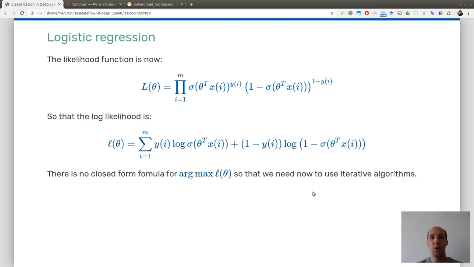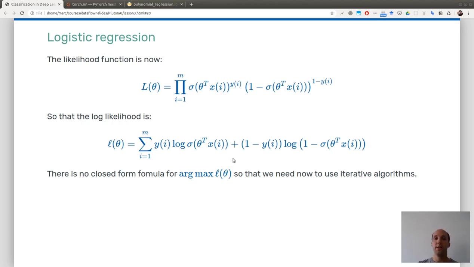Now I'm taking a log to transform this product into a sum. And you see that I'm obtaining this sum, where remember yi is either 0 or 1, so indeed in each of these terms only one of these two logs will be computed. If y is equal to 0, only this term is computed. If y is equal to 1, only this term is computed.